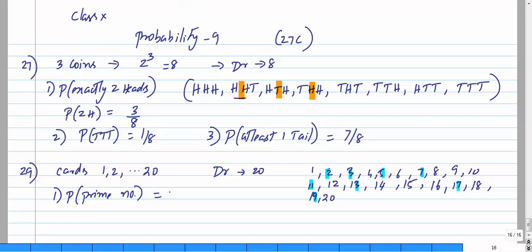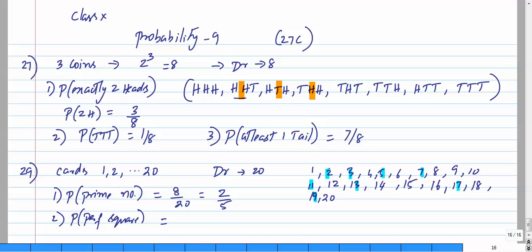So the probability is 8 upon 20 or 2 upon 5. Okay. The next question is, what is the probability that it's a perfect square? Probability that it's a perfect square.